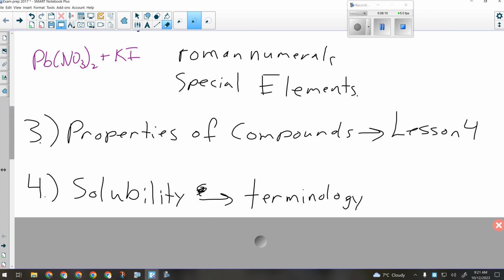And then I have an A, B, C, and a D. That's not one of the products. That would be one of the products.